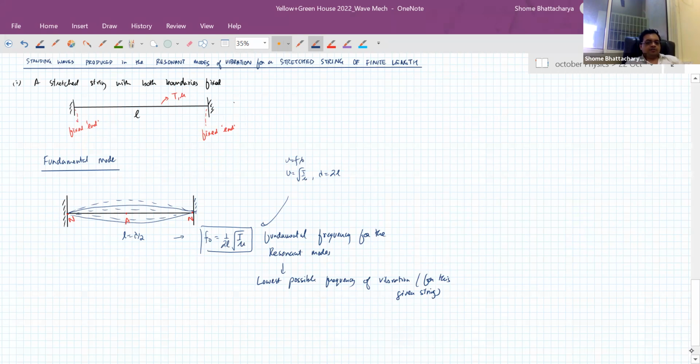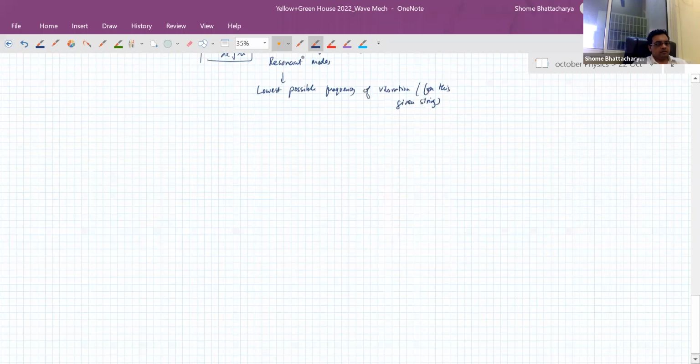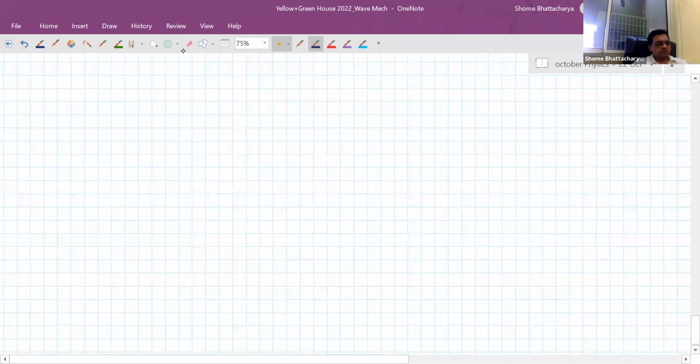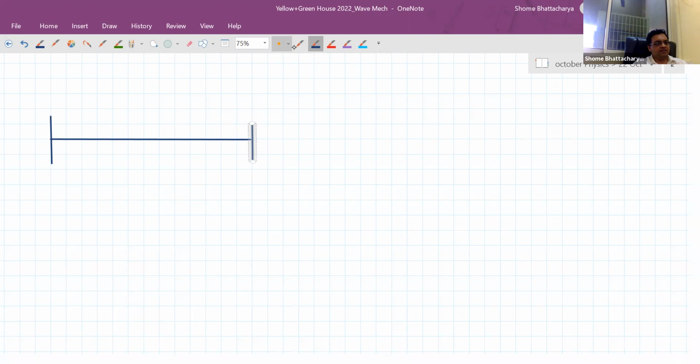Okay, now the next possible mode in which this system can vibrate will be a situation like this, where we have another pair of node and antinode. The fixed ends are constrained to be nodes.